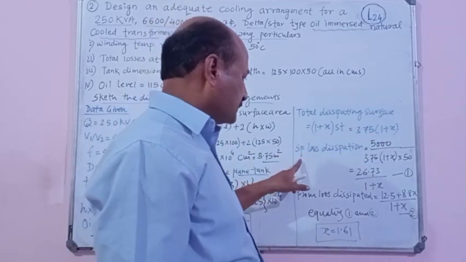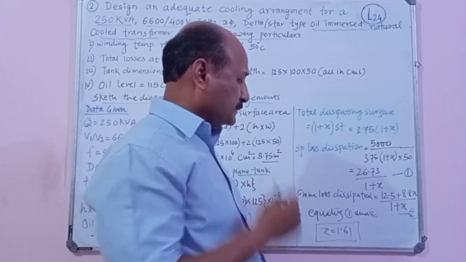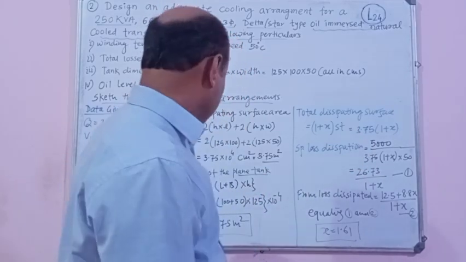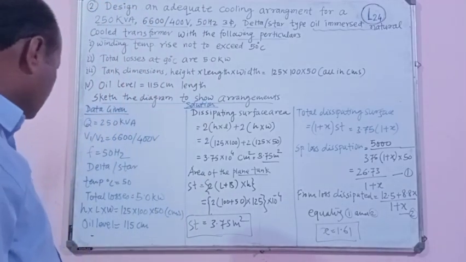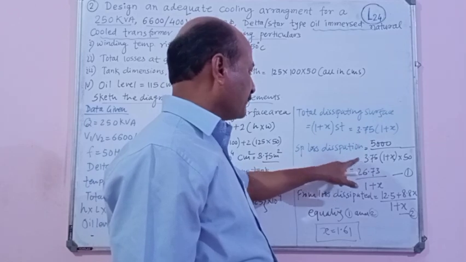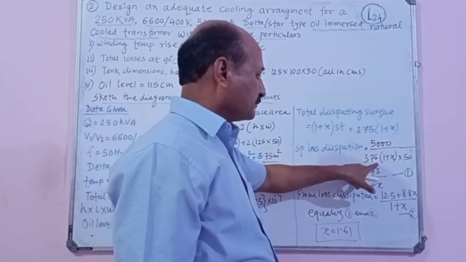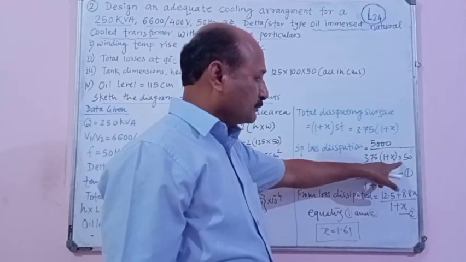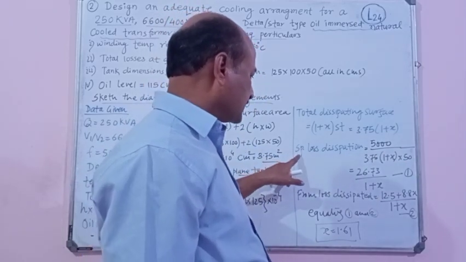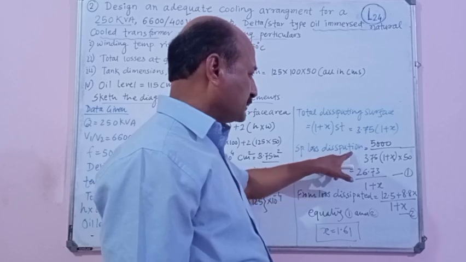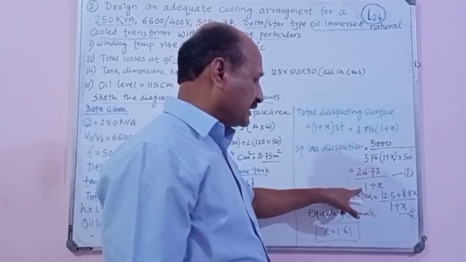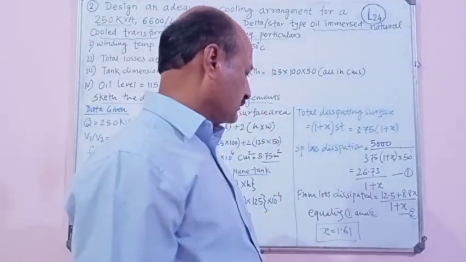So specific loss dissipation is given by 5000, that is 5 kilowatt, 5000 divided by 3.75 into 1 plus x multiplied by the temperature in degrees Celsius. In this way you will get the specific loss dissipation. After calculation you will get 26.73 divided by 1 plus x, that is equation number 1.